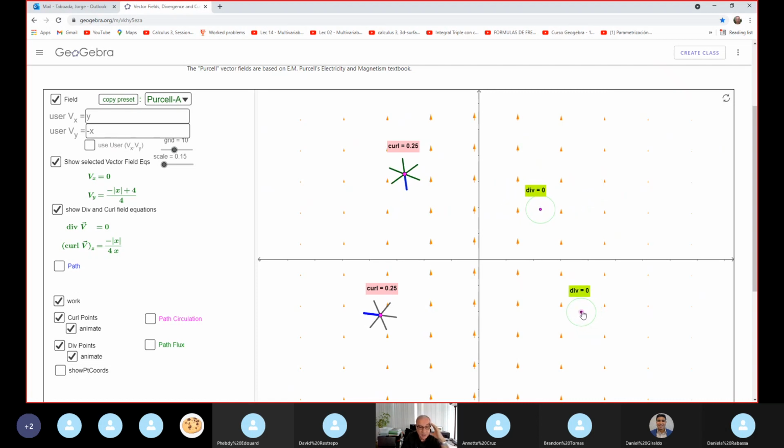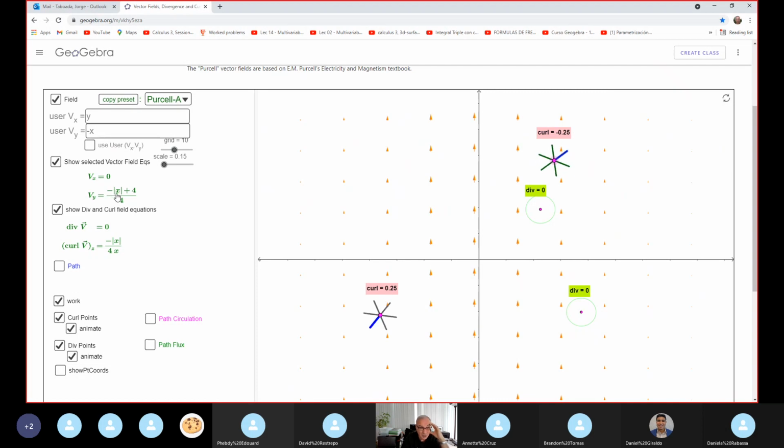However, look at what happened. In this case, when x is negative, both paddles will rotate counterclockwise. However, if I move this to the other side, now it rotates clockwise because it's positive, no? This is positive x.